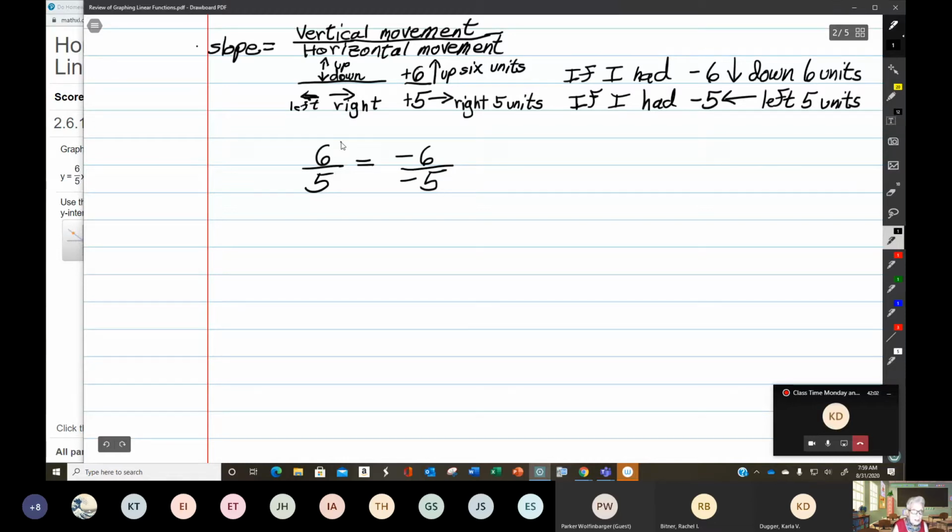This would mean I could go up 6 units and to the right 5 units, but I would stay on the line if I went down 6 units and to the left 5 units. And now we're going to do this and you'll see what I'm talking about.